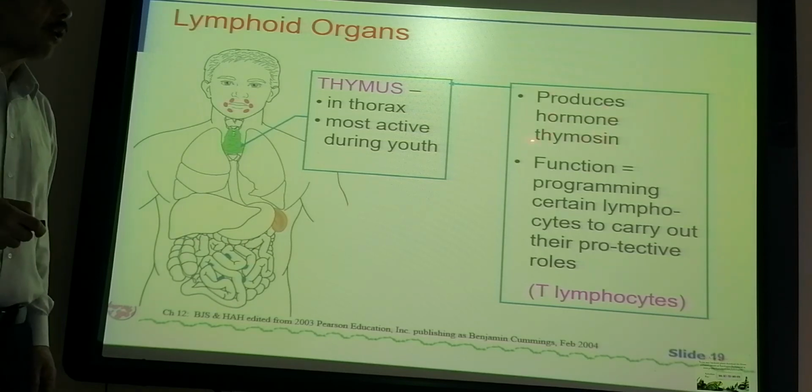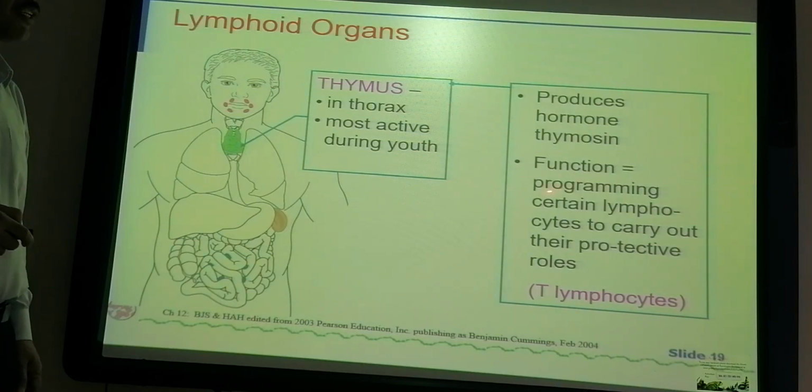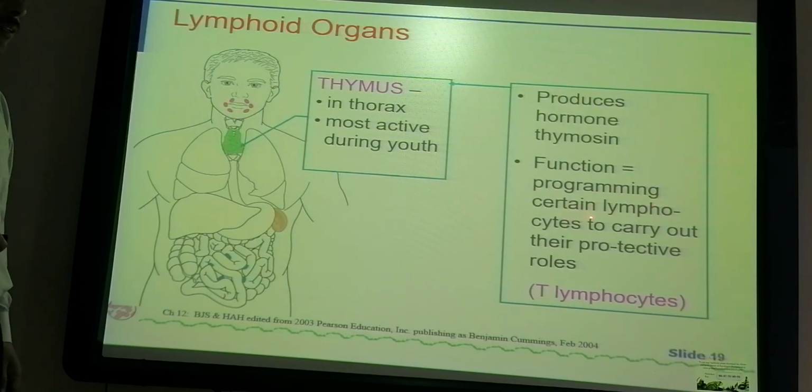So it produces the hormone thymosin. Its function is as a programming center, programming certain lymphocytes, the T lymphocytes, to carry out their protective roles. So thymosin helps to program the T lymphocytes, which act against bacteria and act in the immune system.